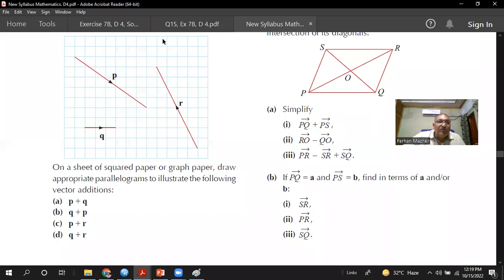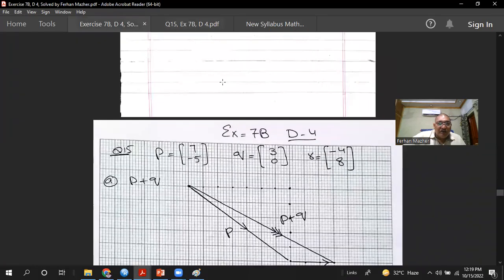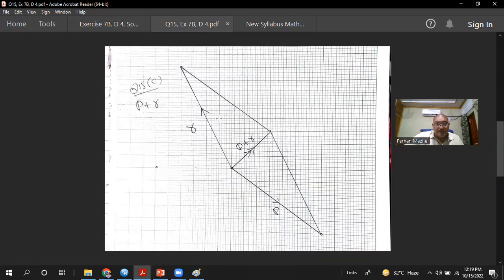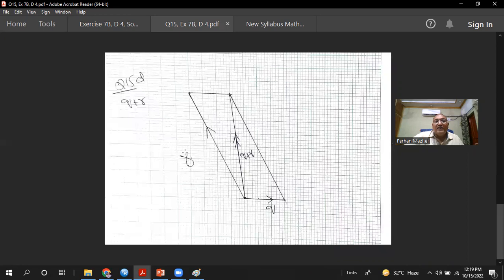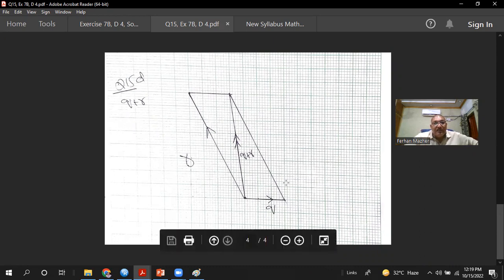Okay, the next question is Q plus R. So if you want to find out Q plus R, so Q is 3, 0, R is minus 4, 8. So I will draw the Q, you can see here, 3, 0, minus 4, 8. This is R, the tails are joined. Then I will draw another R here from this point and join these 2 points.